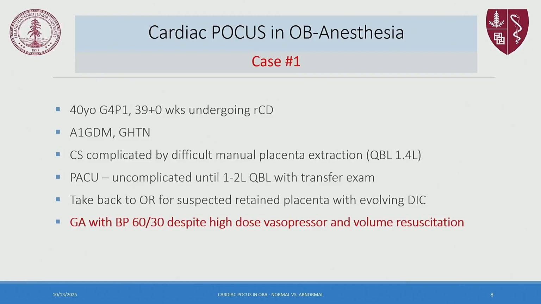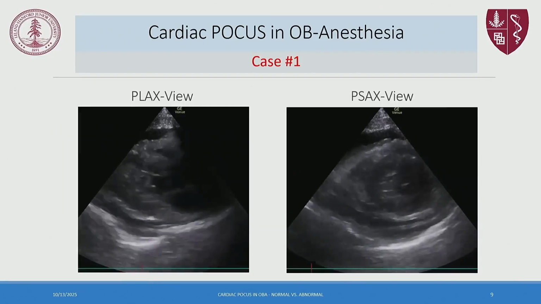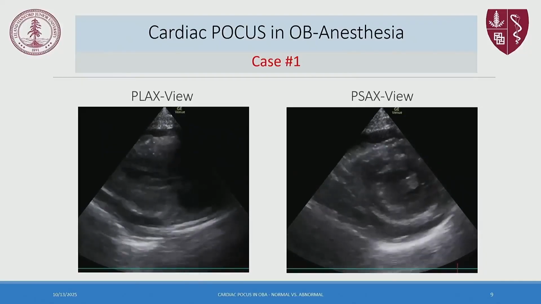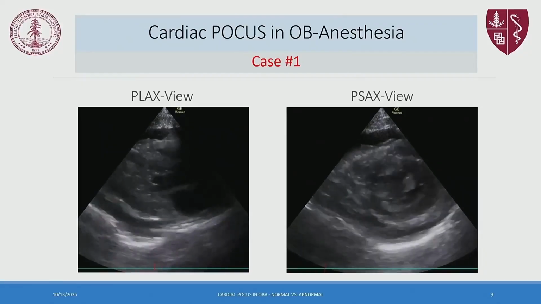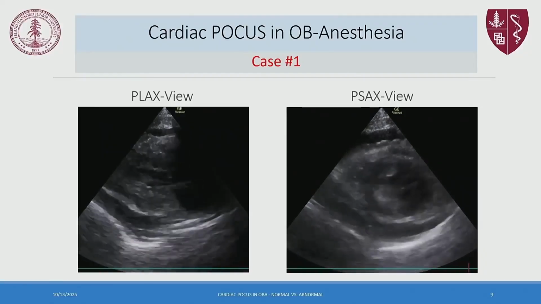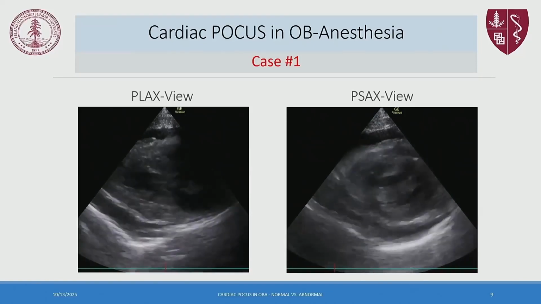And then when we do a GA, she's hypotensive, blood pressure 60/30, despite high doses of vasopressors and volume resuscitation. And these are the exact indications for doing a focused cardiac ultrasound, hemodynamic instability. And that's what we see. That's all you can see with a focused cardiac ultrasound. She's hyperdynamic, hypovolemic. You see LVH and also pericardial effusion.